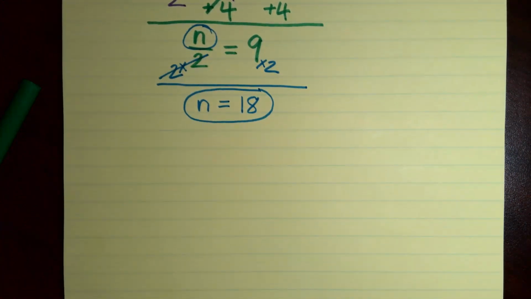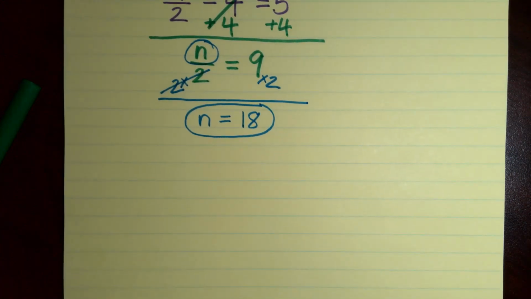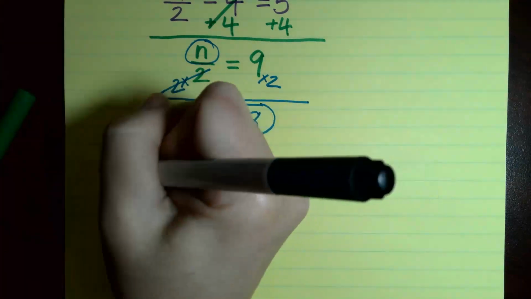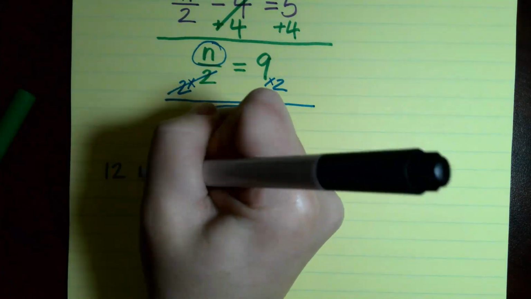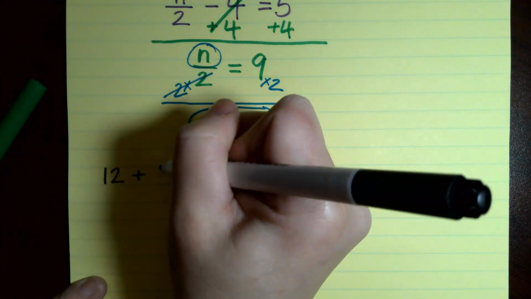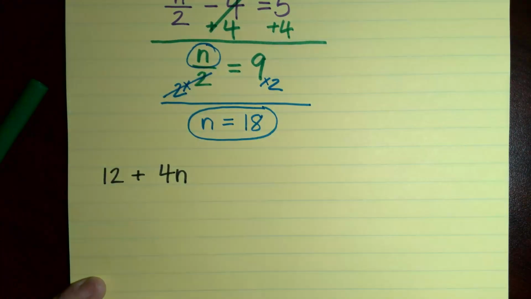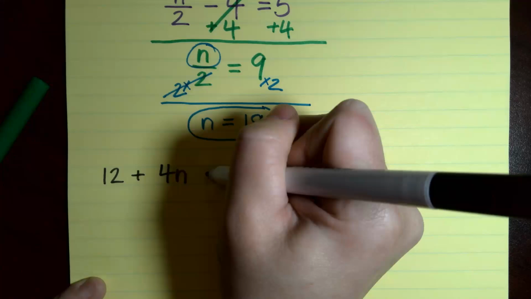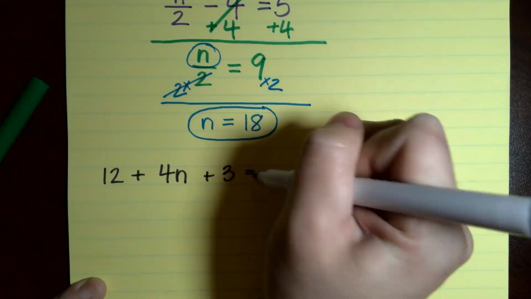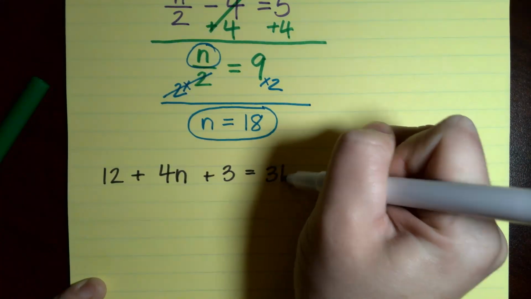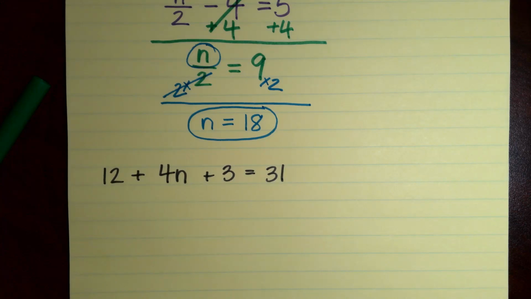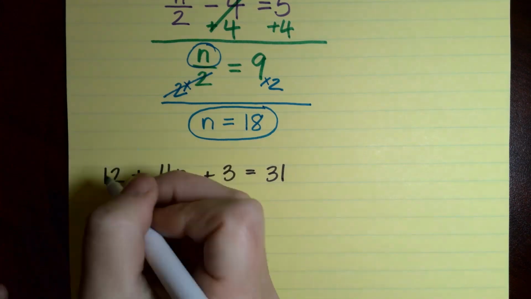Let's do 12 plus 4n plus 3 equals 31. Okay. What should we do first? Subtract 12? Is that what you said? Okay, let's do that. Let's subtract 12.